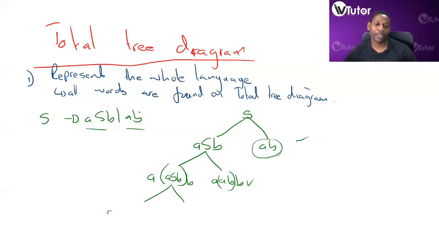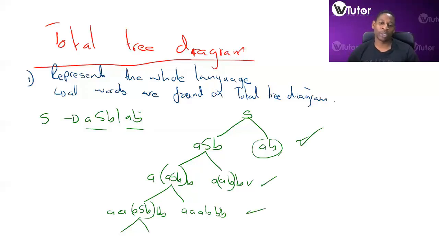This is going to expand. A, S is replaced by A, S, B. Then we've got these two B's, and here we've got A, S is replaced by A, B, and then we've got these two B's. You continue expanding like that. So you see that this is a word in the language, word in the language, word in the language. If we expanded one more, we'd have A, B, B, B, B, a word in the language that we tested before.